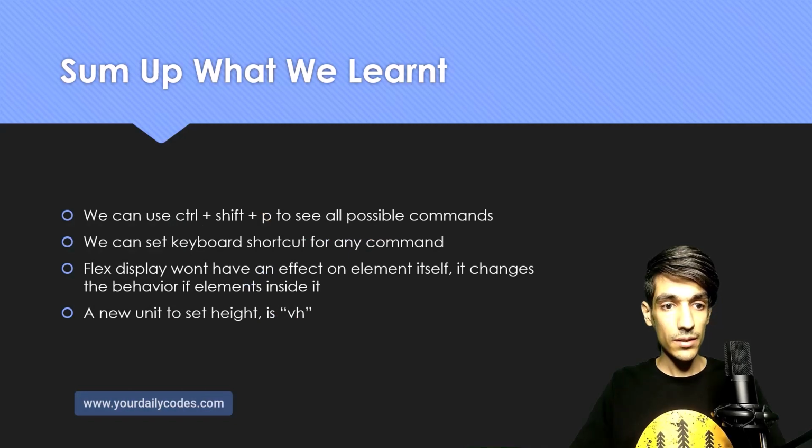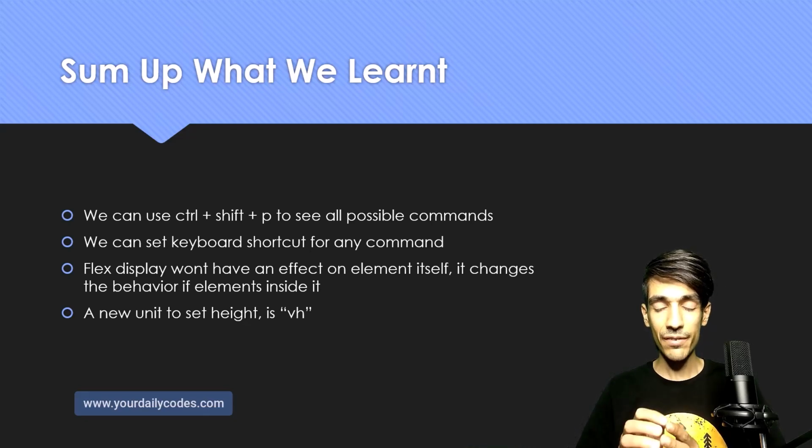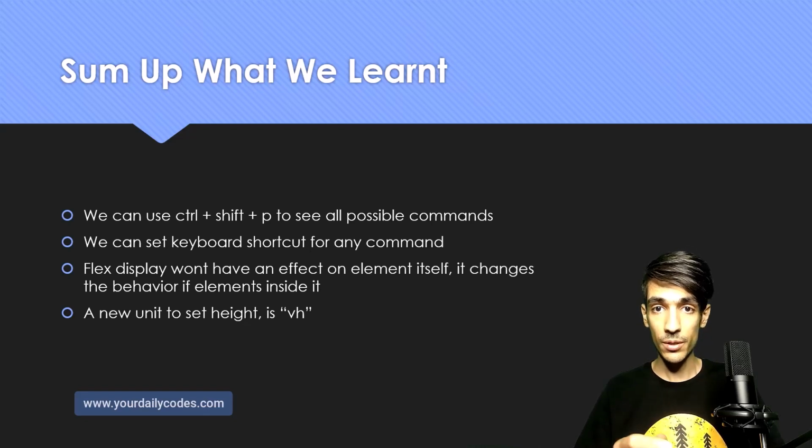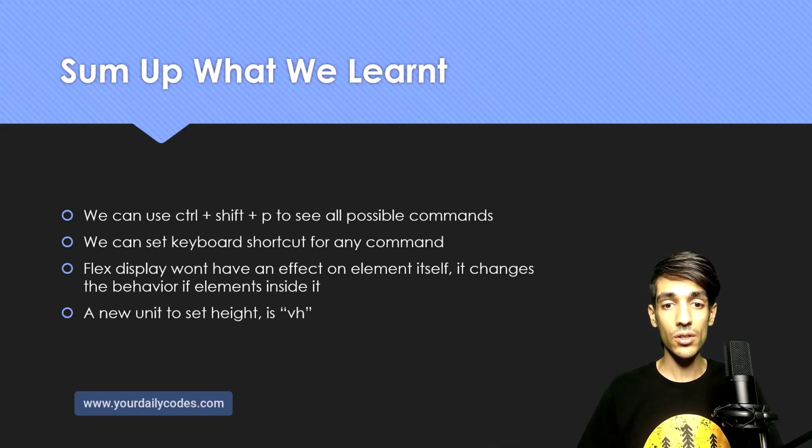So let's sum up what we learned in this session. In VS Code, we have a bunch of commands, which we can see all of with Control-Shift-P. For now, we learned one of those commands, which was repeat line, or duplicate line, and we saw how we can set a shortcut key for those commands.